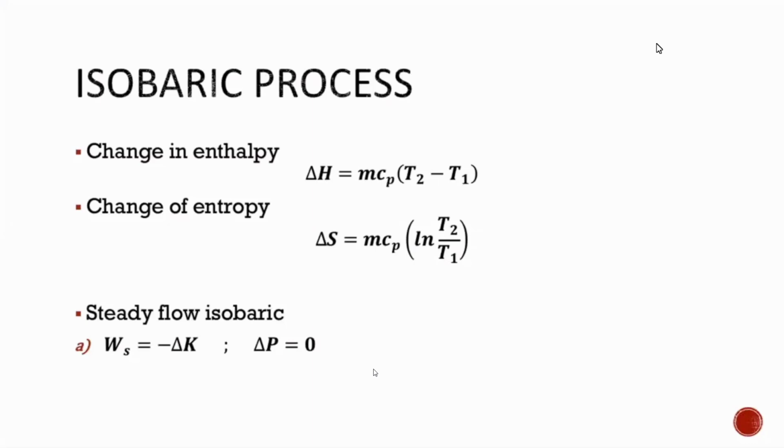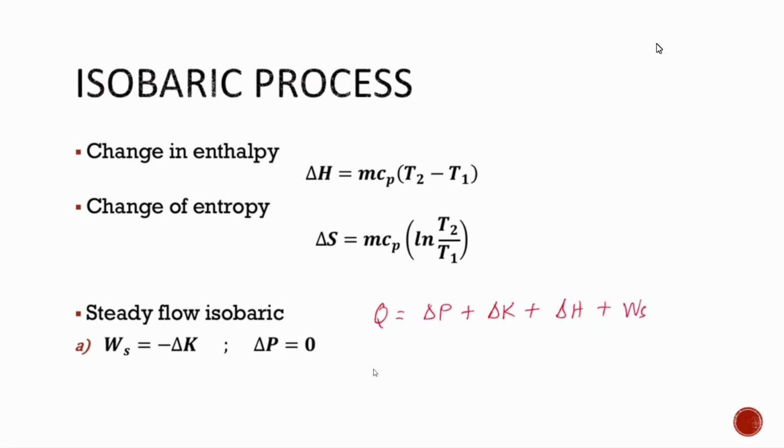What about the steady flow? The steady flow work or WS pagdating sa isobaric. So, saan ba daw ito galing? Sabi natin kanina, galing ito lagi dito. Pinagsasama-sama natin yung mga change in potential energy, change in kinetic energy, change in enthalpy, and yung steady flow work.